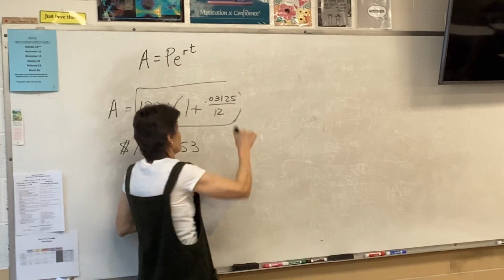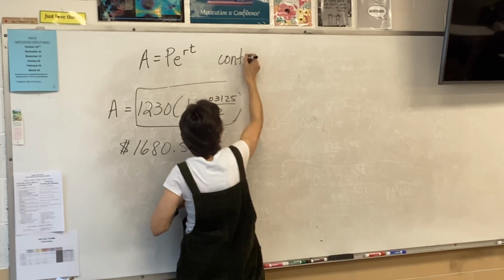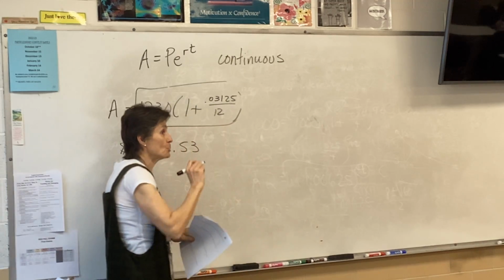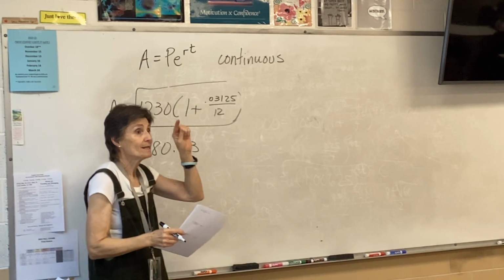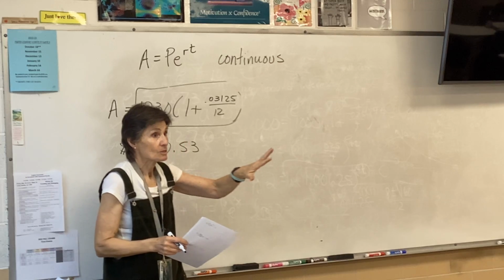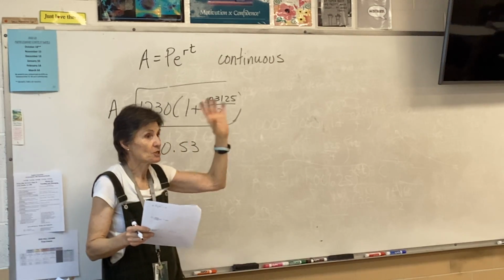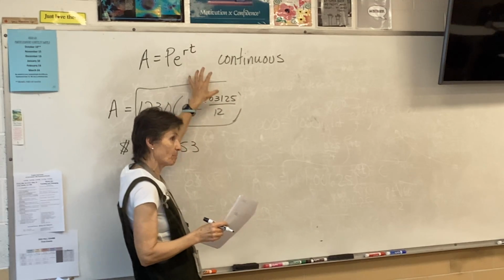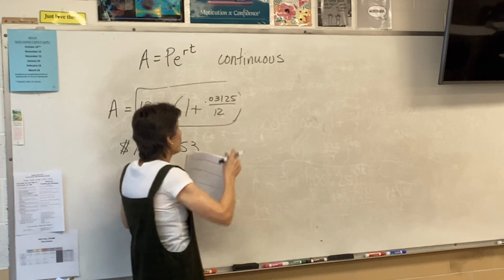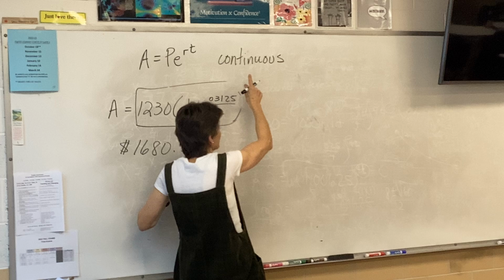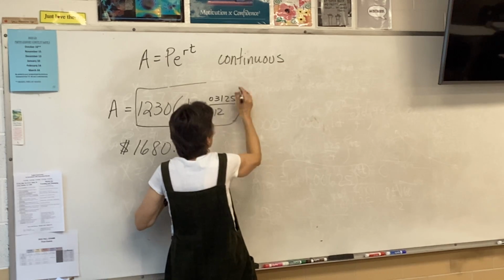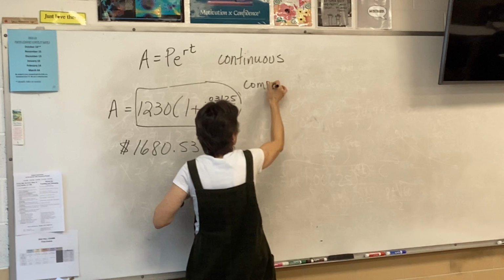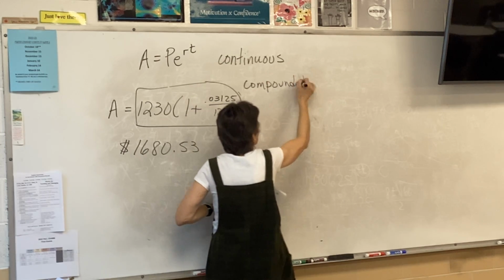This is called your continuous growth formula. It is used for all non-money, so whatever it is, whether it's population, radioactive decay, whatever it is, if it's not money, we're using PERT. But we also use PERT if it's a money problem and our interest is compounded continuously.